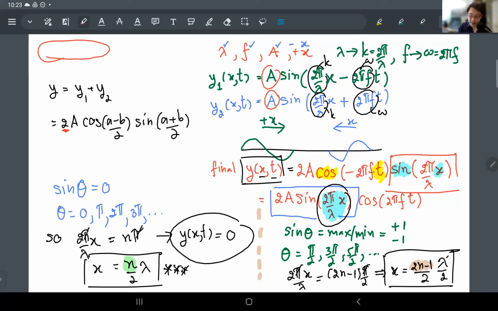How much is the maximum? Because you already set sine theta to be -1 or +1, over here at these locations you get 2a oscillation. And that's what your friend just mentioned, you have twice the amplitude. So at these locations, the particle will oscillate up and down twice as big as compared to the individual wave.